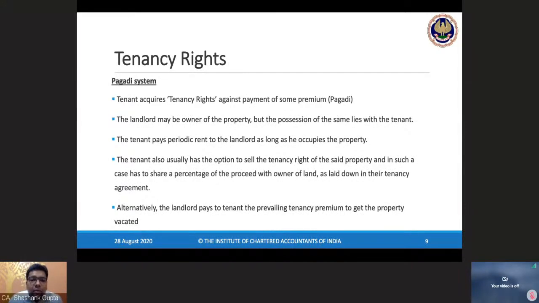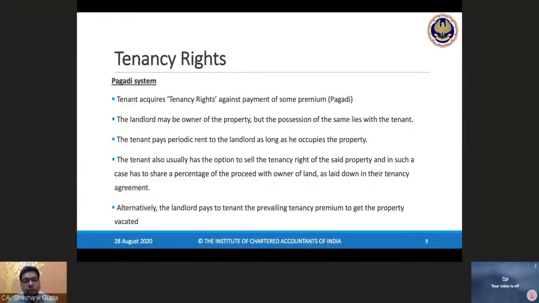So the landlord may be the owner of the property, but the possession, meaning who is physically present on the property, will move to the tenant. The tenant will pay periodic rent to the landlord, so he will continue to pay some rent. The rent will be a very low amount because I would have charged a hefty amount upfront.